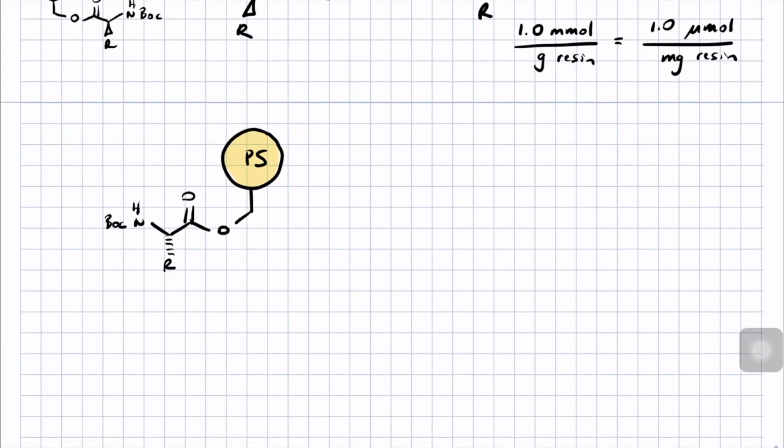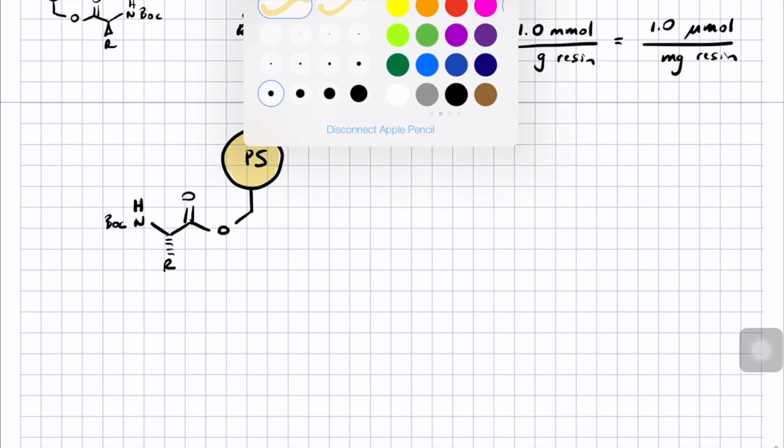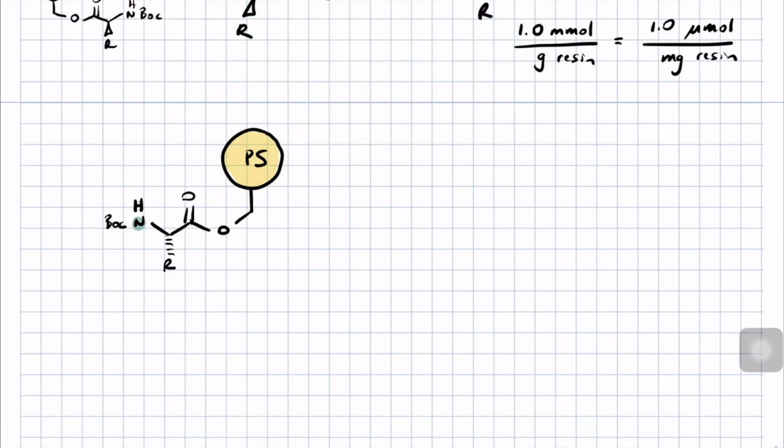Okay, suppose we want to attach another amino acid onto the first amino acid that we put on the resin. To do that, we would need to first remove the Fmoc protecting group on this green nitrogen.